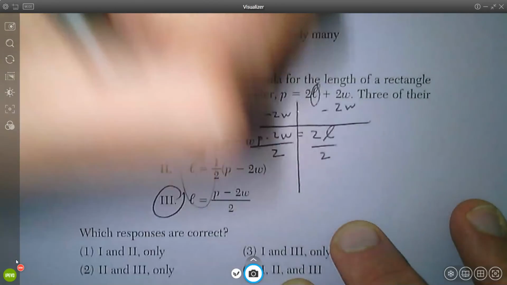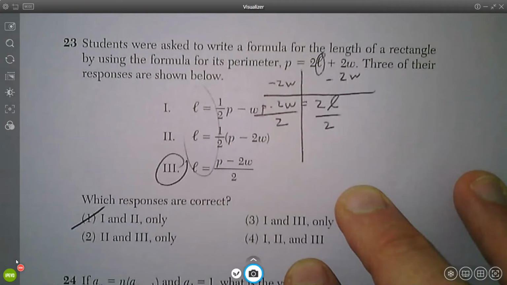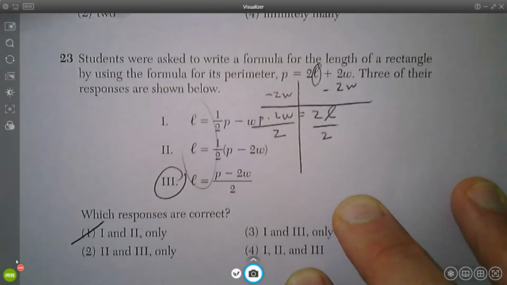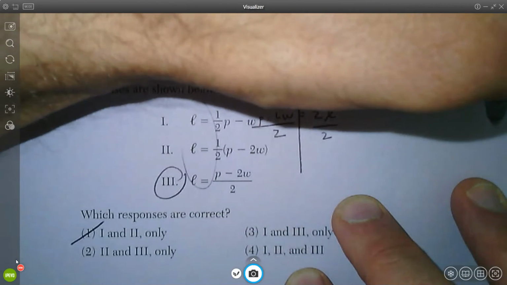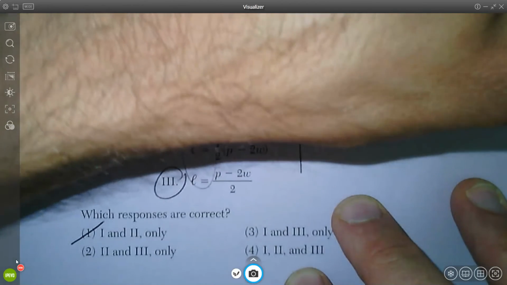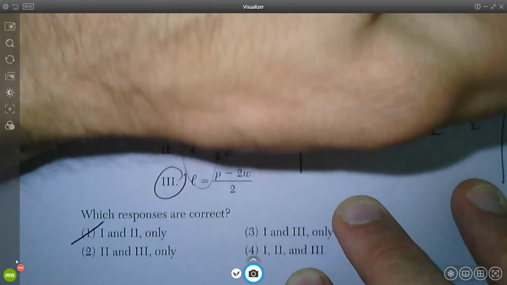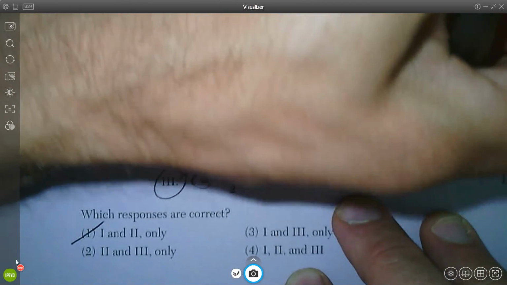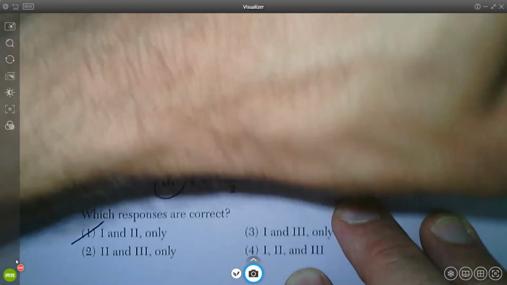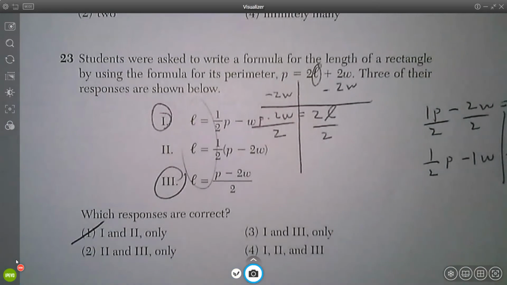So statement 3 is good. So choice 1 is out. All right. So if instead of dividing the whole thing by 2, you divide each by 2, that's going to be 1/2 P minus 1W equals L. That's going to be choice 1.